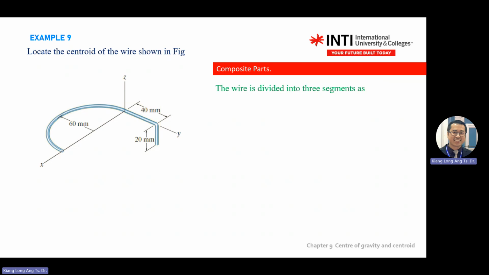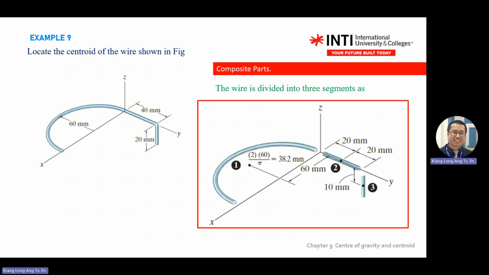Try to differentiate this from the earlier one. The earlier one is an individual shape, a basic shape, round, cone, all these things. But this one is a combination of many shapes. So first step, you look at the composite part, you break it into 3 segments, like this one.